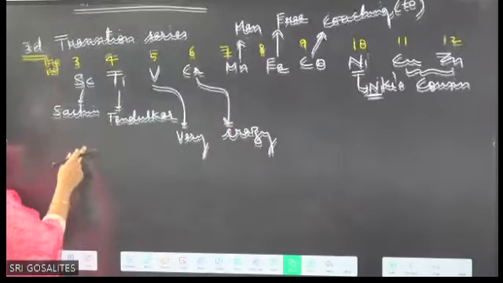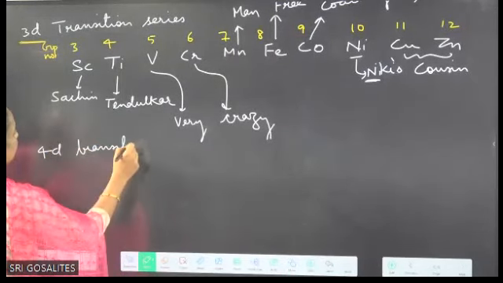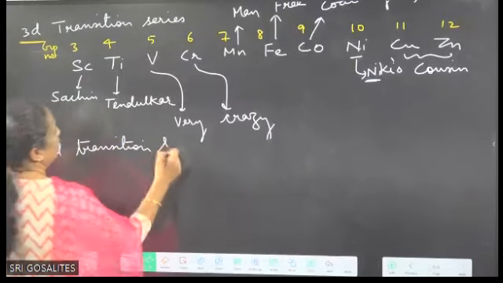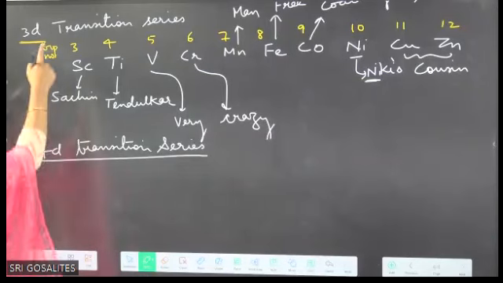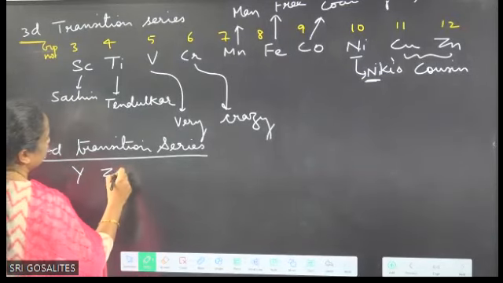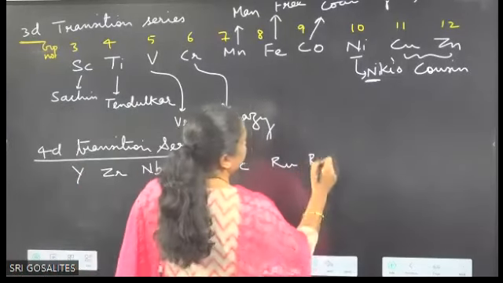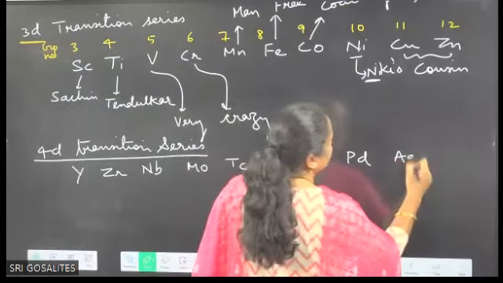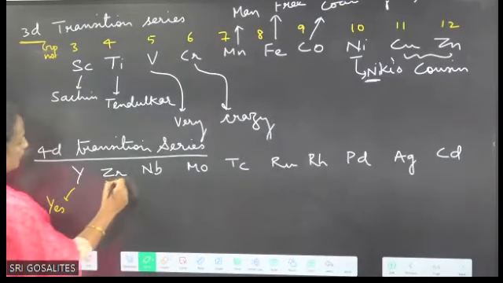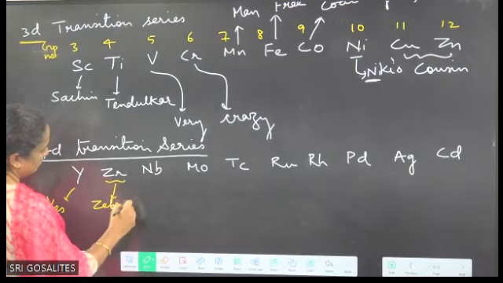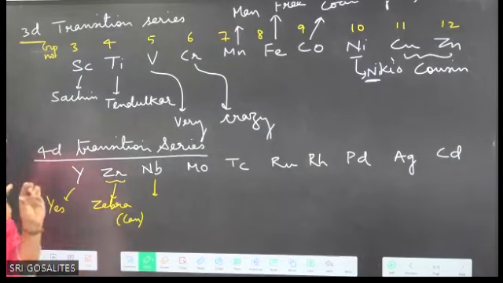I hope everybody has written this. Now, next is the 4D transition series. Again, the same group numbers are there. Here, I'm writing those things in brackets just to complete the statement.